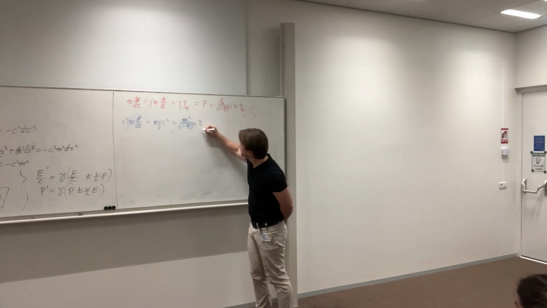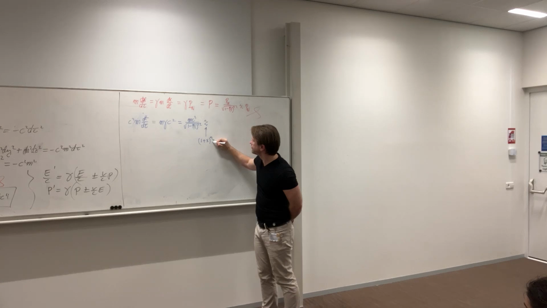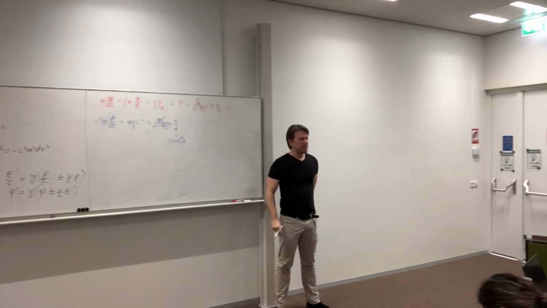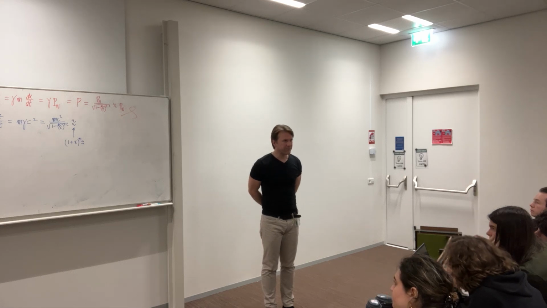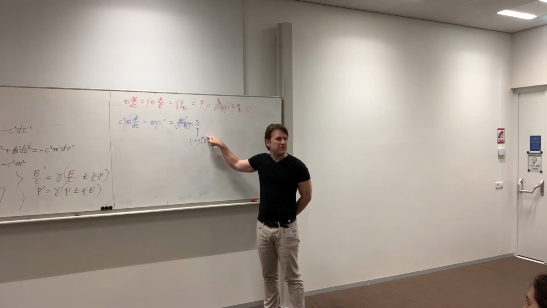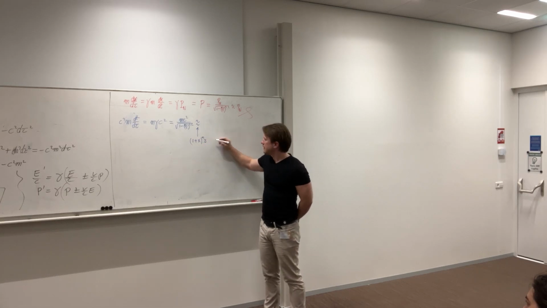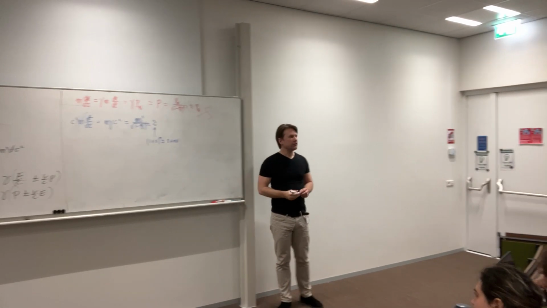That allows us to use this famous formula, a little mathematical trick. If you have 1 plus x to the power n, but x times n, that combination happens to be very small compared to 1, then this is an extremely good approximation.